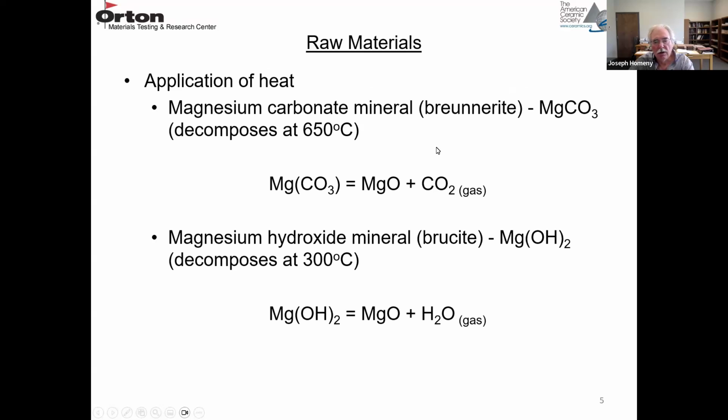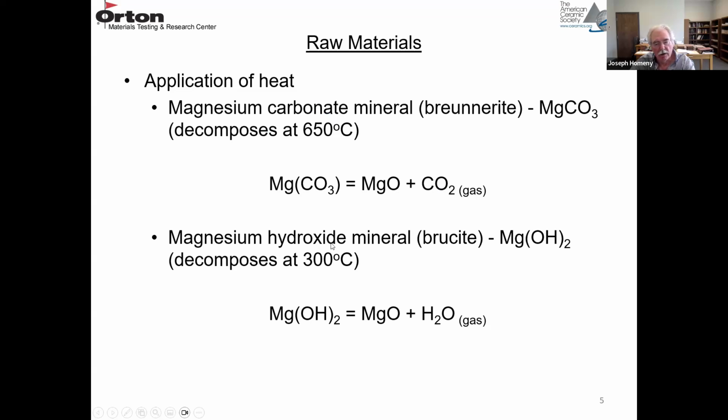For either brucite or magnesite, this is what happens when you heat them up. They're both going to decompose. Magnesium carbonate, MgCO3, at 650 degrees C decomposes to MgO and CO2 gas.